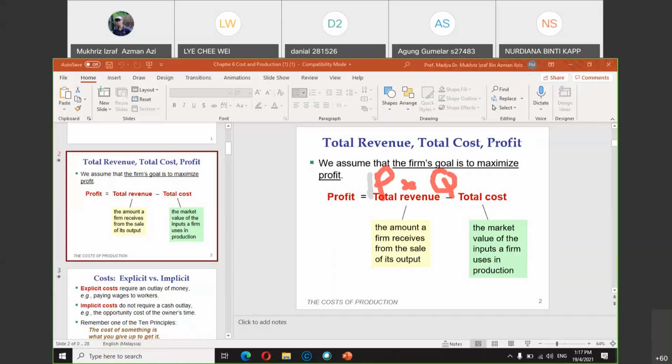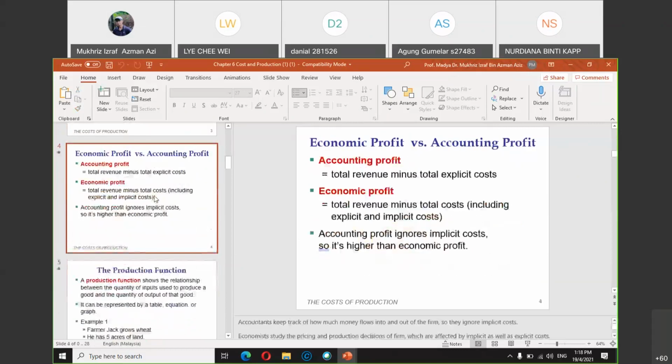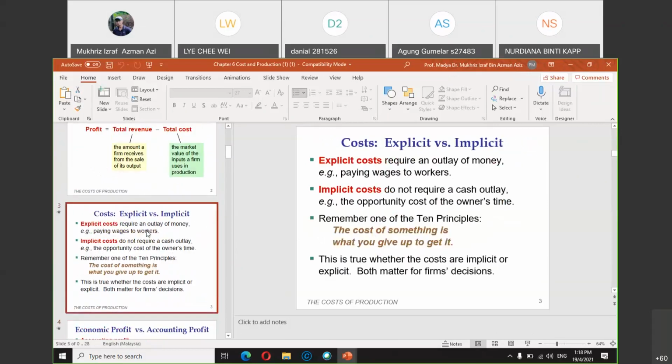Of course, at this stage, in principles of economics, you are usually not needed to obtain the value of total revenue, unless using a simple table. So profit is TR minus TC, total revenue minus total cost. In economics we divide the total cost into two components: explicit cost and implicit cost.